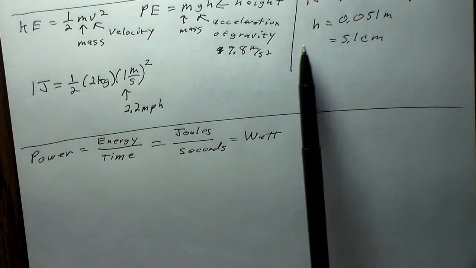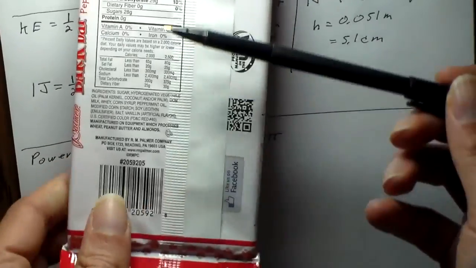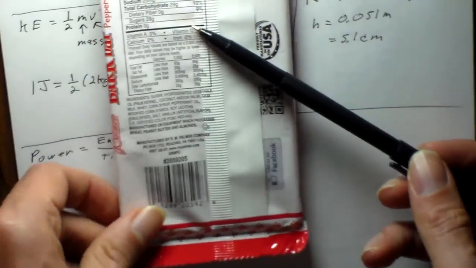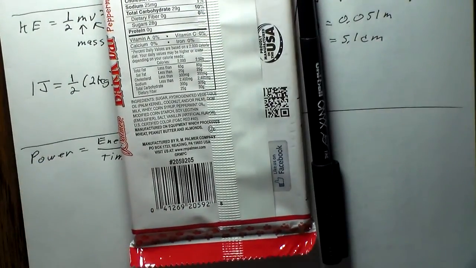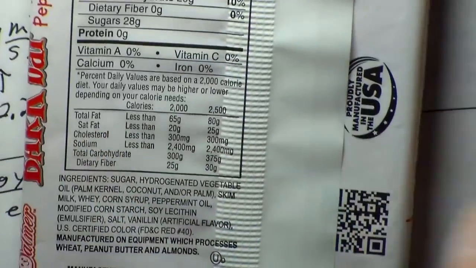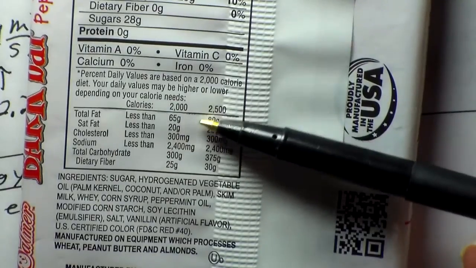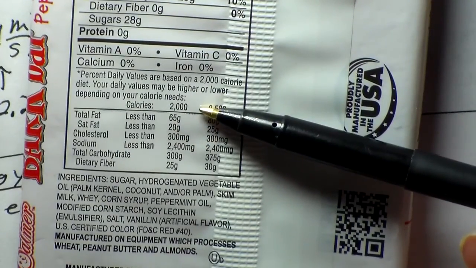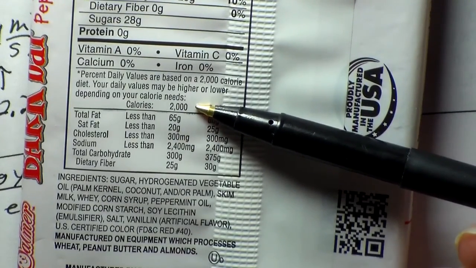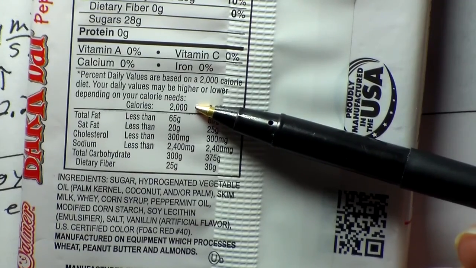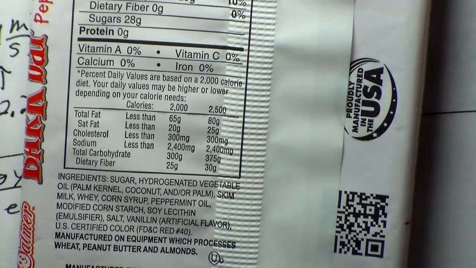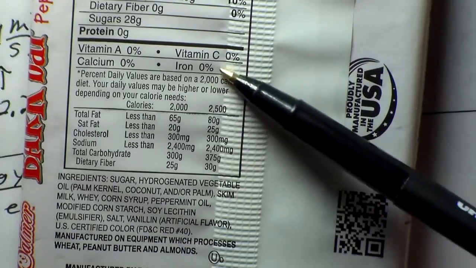So what we can actually do is relate here. If you look on any of these food items that you buy in the store, you'll see over here basically how much fat and everything you should have based upon a 2,000 calorie diet. So let's just say that's about how much food energy that you should actually eat every day.